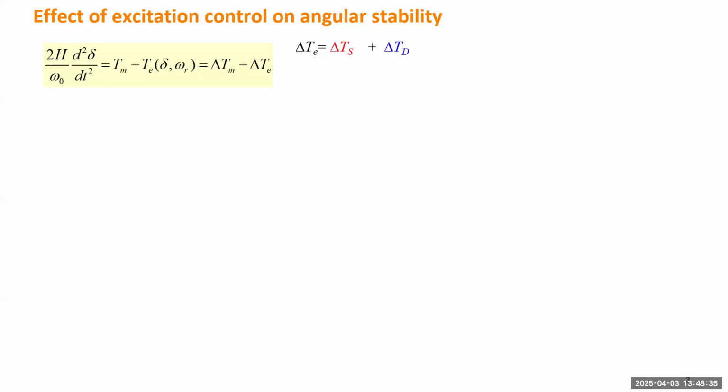Why do we call them in this way? Because they can be approximated by a term proportional to either the angle deviation or the speed deviation. If it changes linearly with the angle deviation, that component is called synchronizing torque. Otherwise, it is damping torque.